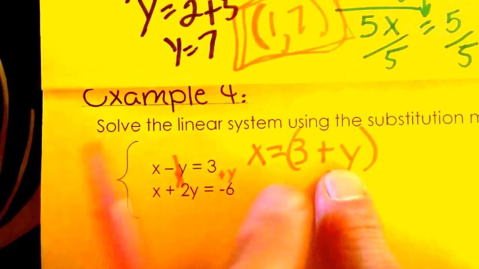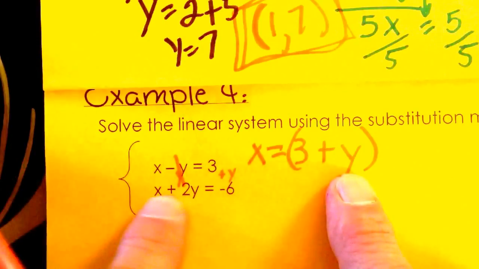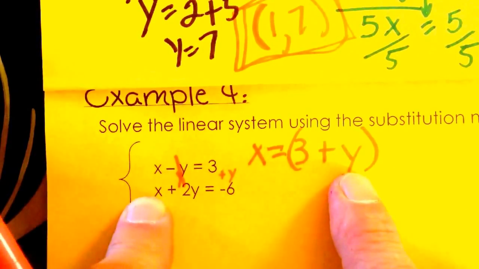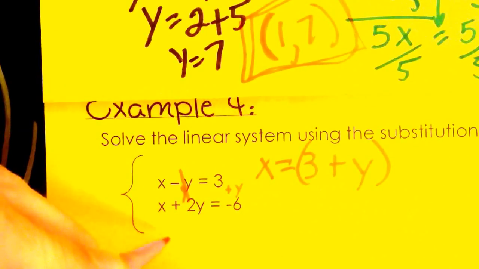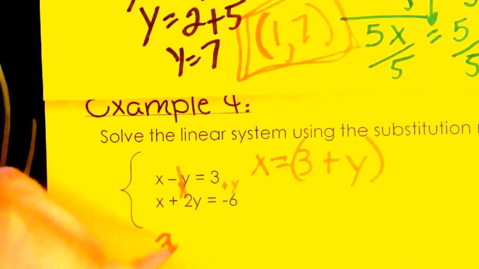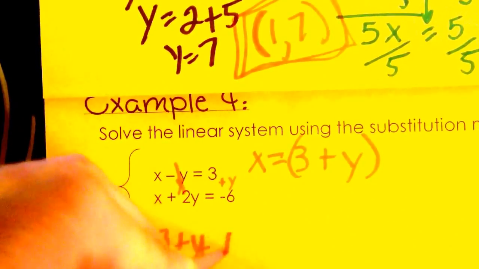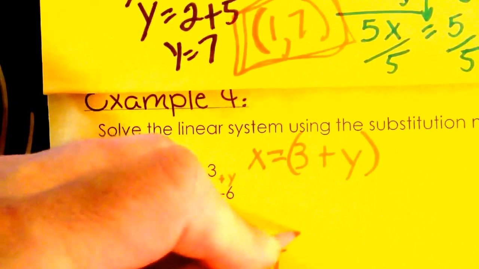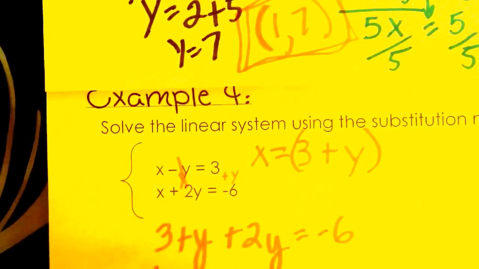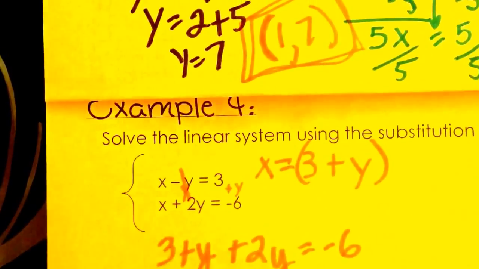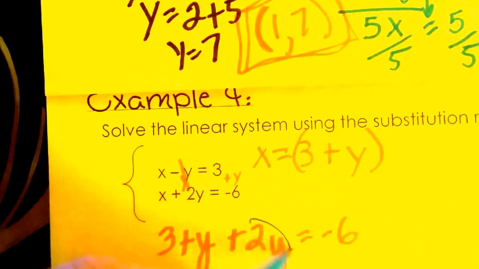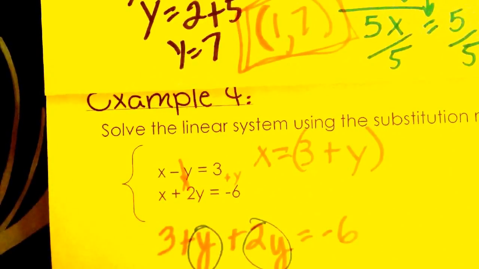And now we're going to replace x over here in our other equation, because now we know what x is. So let's do that right now. We get 3 plus y plus 2y equals negative 6. We have to take a look here, because we're going to have some simplifying to do. I see I have 2 y's here and I have 1 y here.